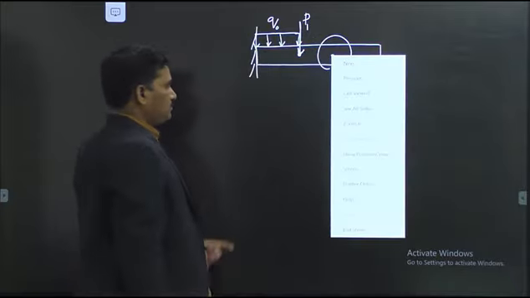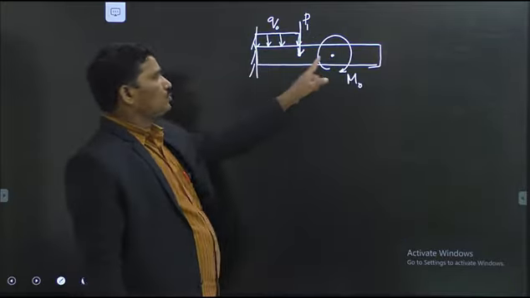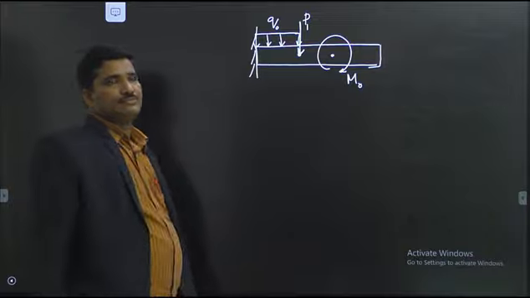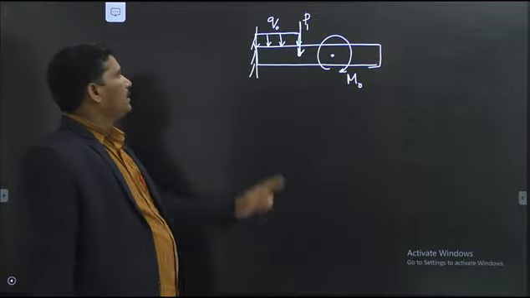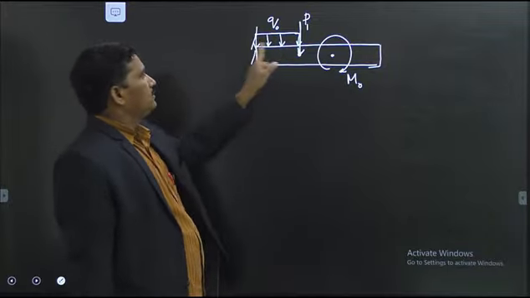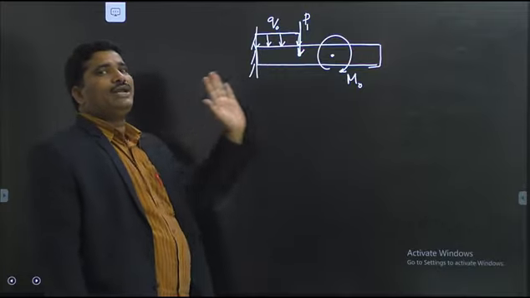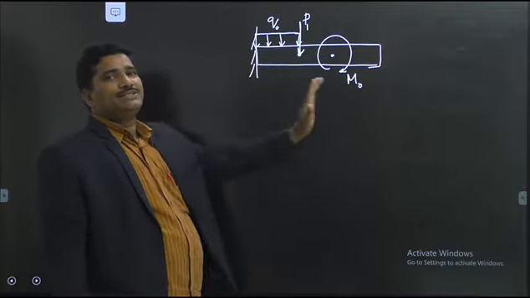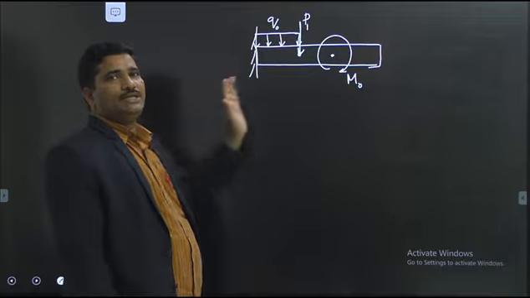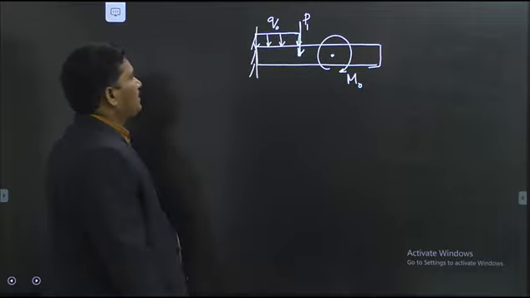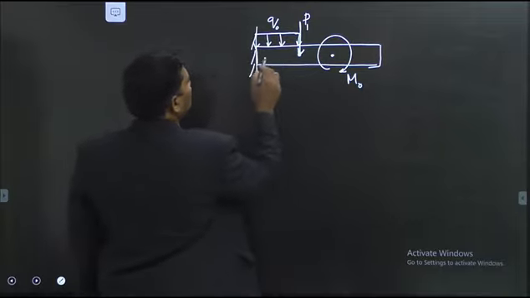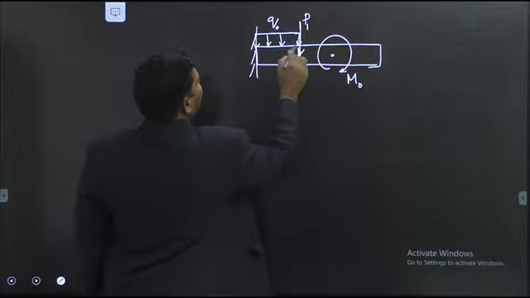This is another node. So far, how many nodes do we have? Two nodes. Right? Next. This is the distributed load. Its load intensity is the same. So therefore, you need not worry about this.